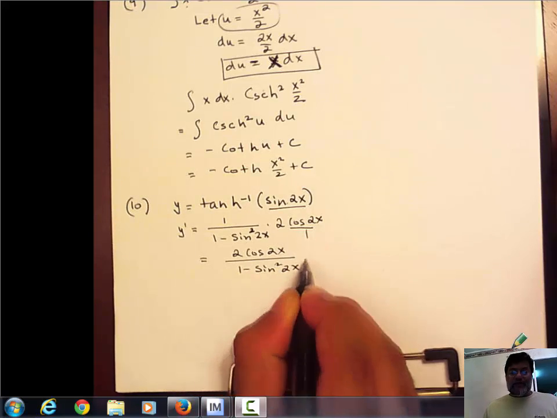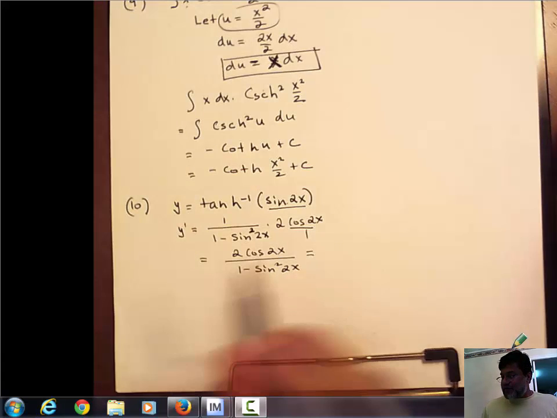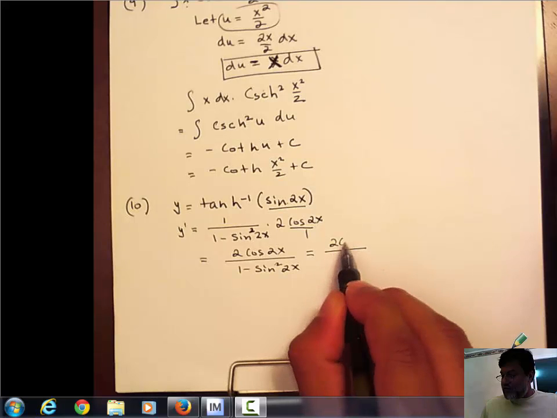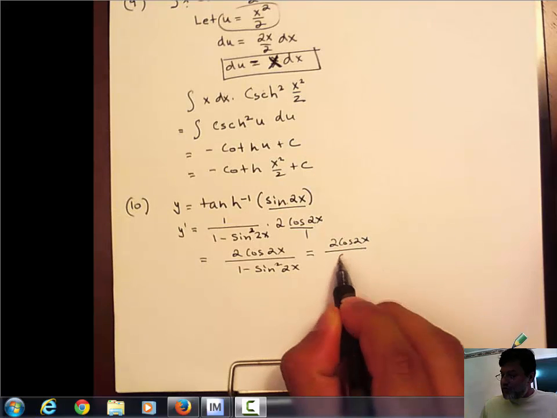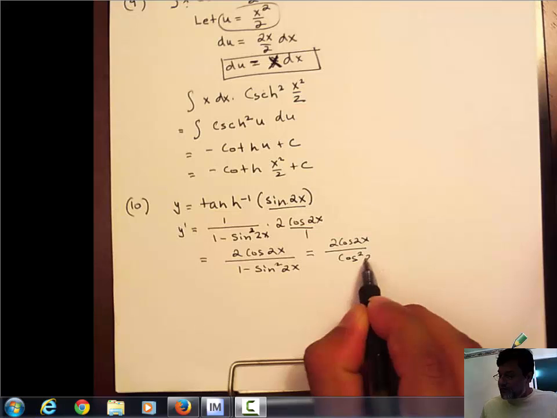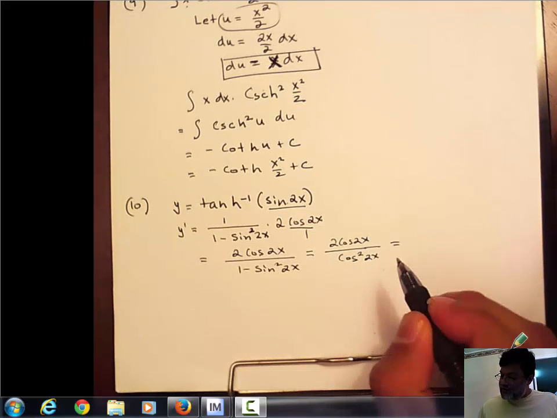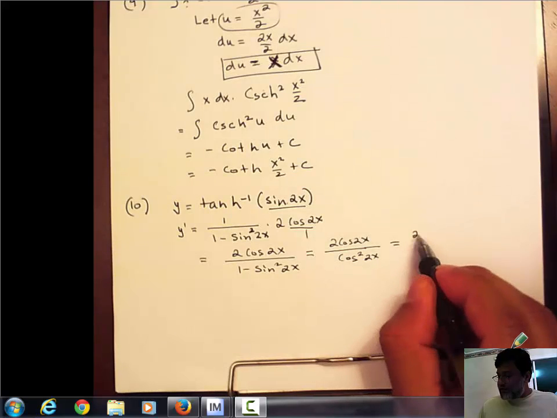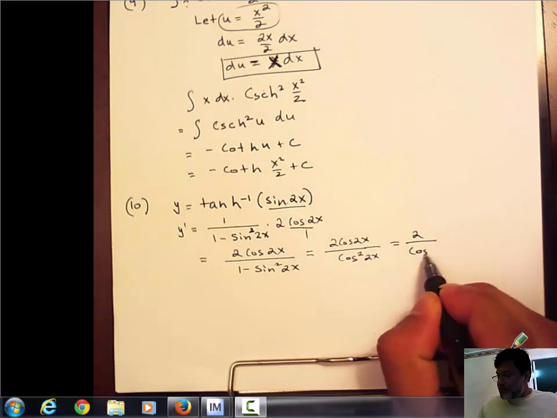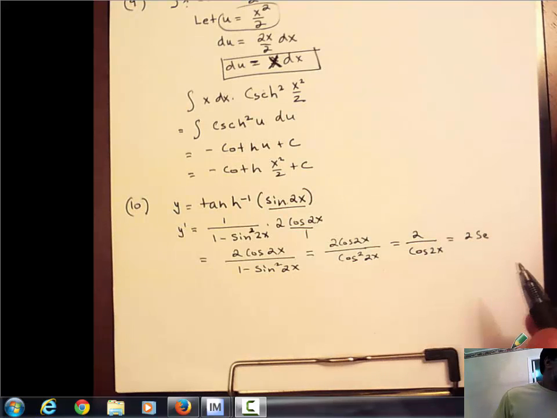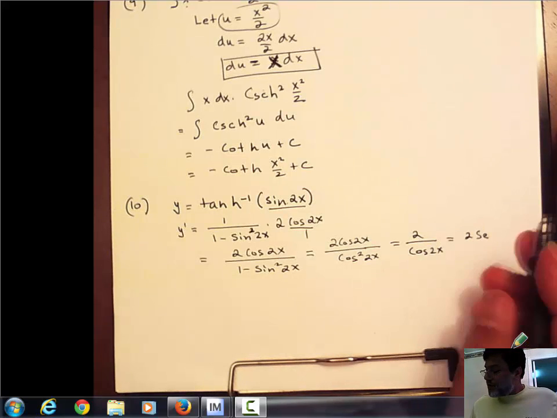Well, identity helps a lot here. 1 minus sine squared 2x is the same as cosine squared 2x. Okay. So then one of the cosine 2x cancels out, so I have 2 over cosine 2x, which is the same as 2 secant 2x, correct? Yeah. Secant.